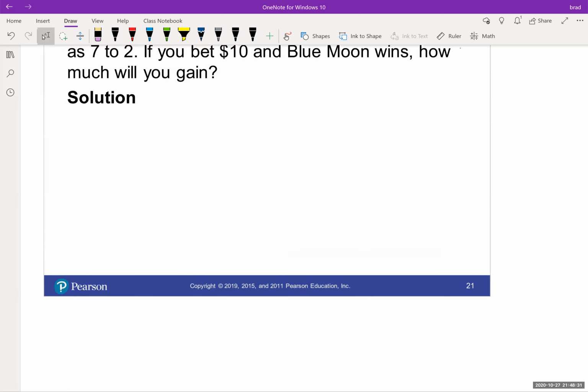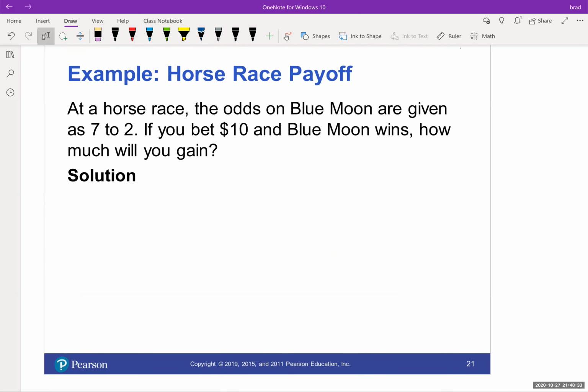Okay, one more page. Let's just take a look at this. So at a horse race, the odds on Blue Moon are given as 7-2. If you bet $10 and Blue Moon wins, how much will you gain? So that basically means you get 7 for every $2 that you bet.